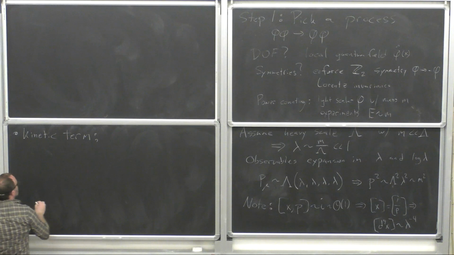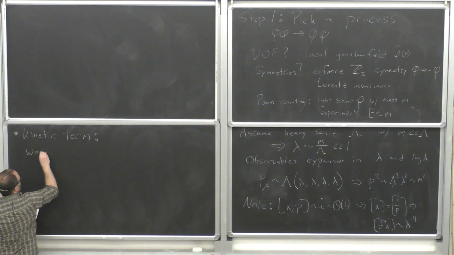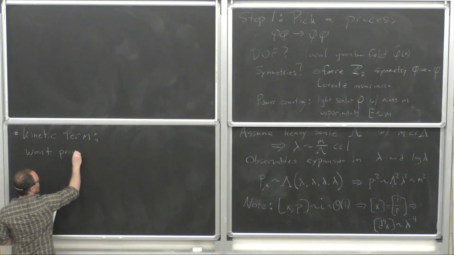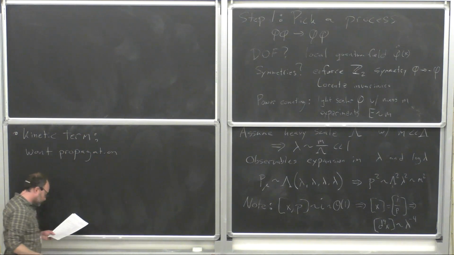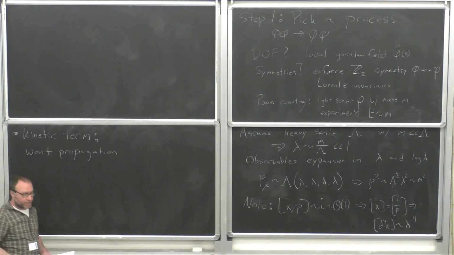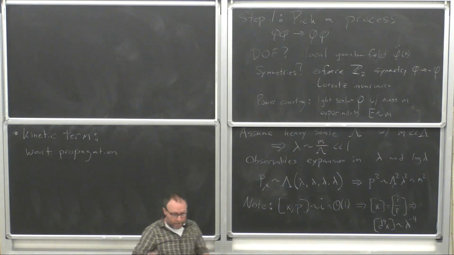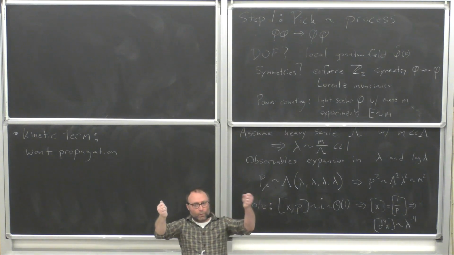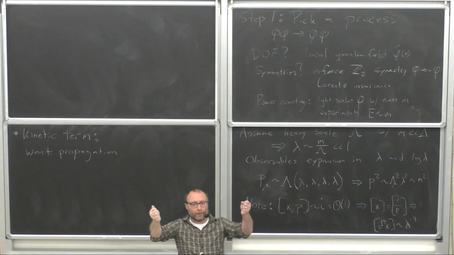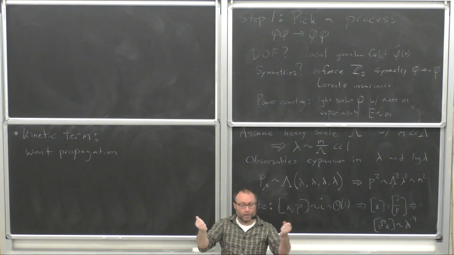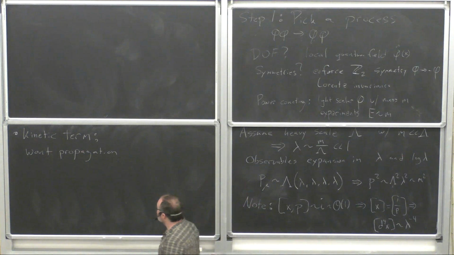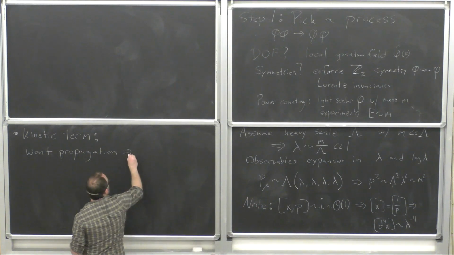So in particular, we want propagation. Well, if we want propagation, we want to be talking about going from one point in space-time to another, okay? So we want some operator that's quadratic in the field. So that tells us we need 2 powers of phi.